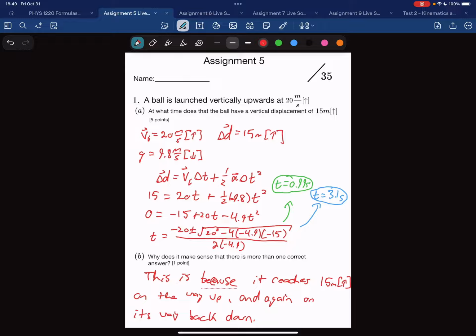So the ball reaches 15 meters as it goes up. It ends up going higher than 15 meters, and it ends up passing 15 meters again on its way back down. Each of these times, the first time is at about 1 second, the second time is at about 3 seconds. So that's part 1A and B.